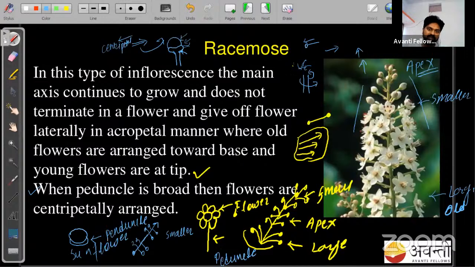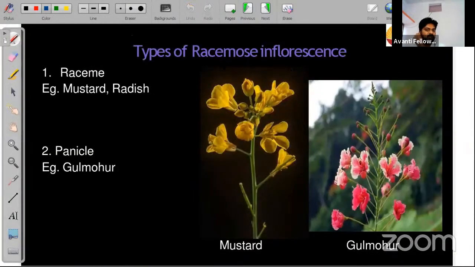Coming to the next, here are some examples of different types of racemose inflorescence. The first type is the raceme. Racemose is a very large group, that's why it has different types.